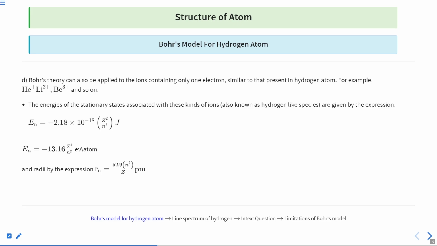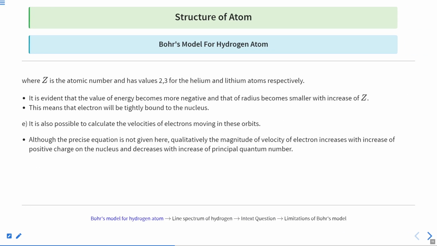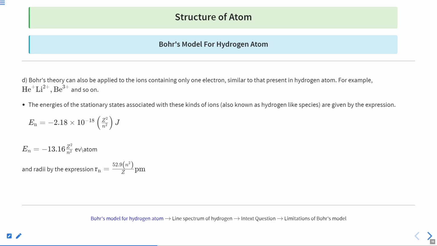Now, what is z? We know that z is the atomic number, so it is 2 for helium and 3 for lithium. If you look at this formula, as we go on increasing the z value, we are talking about energy, right? The energy has a direct relation with the square of the atomic number. So as we increase the atomic number, the energy will increase. Why? Because we are applying it to hydrogen-like species.